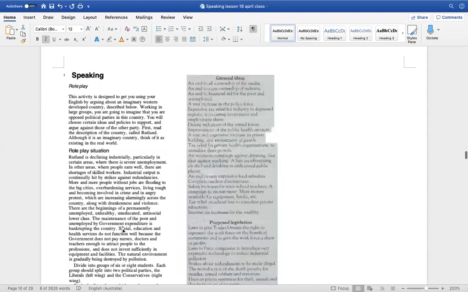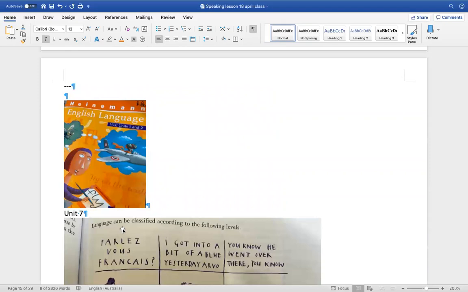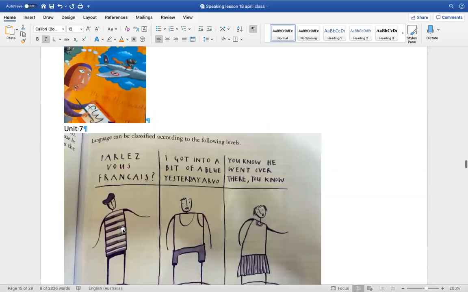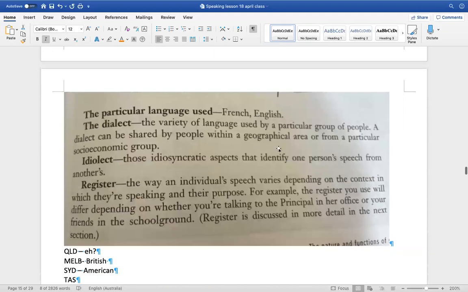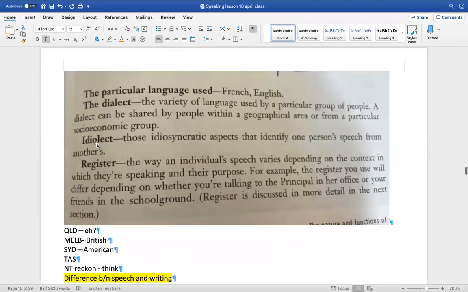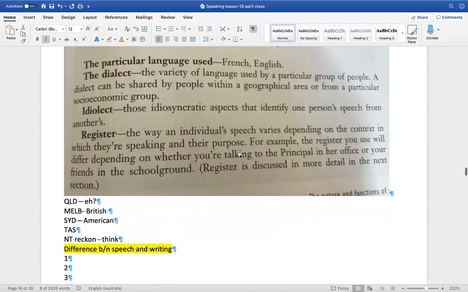And then a little bit from this book here, which is about English language. We talked about a dialect, which is defined by someone or where a geographical area, as opposed to an accent, which is a country. Idiolect is the idiosyncratic aspects of a person's speech, like "eh".